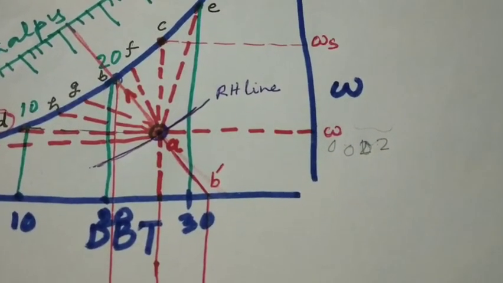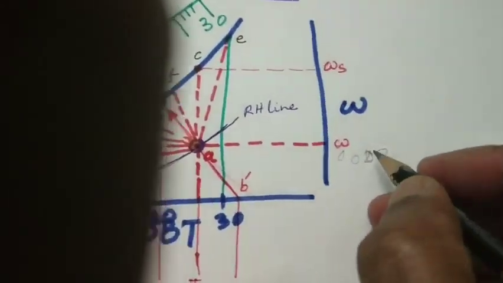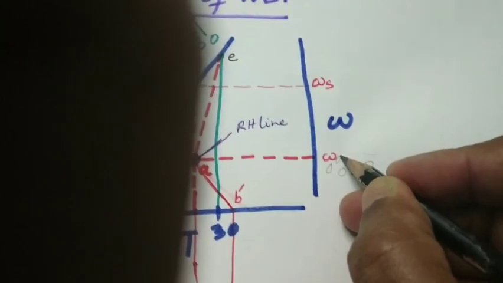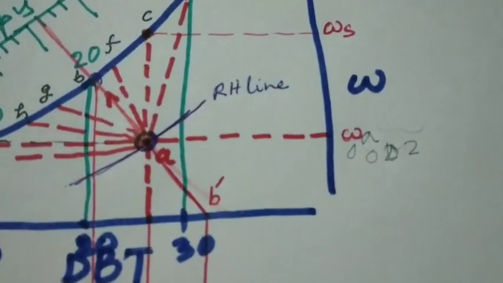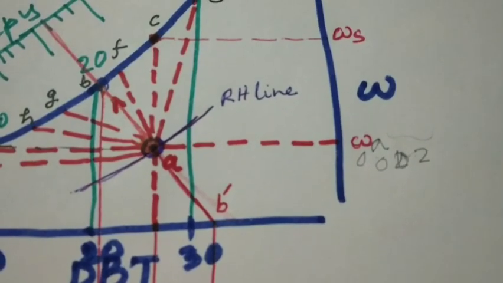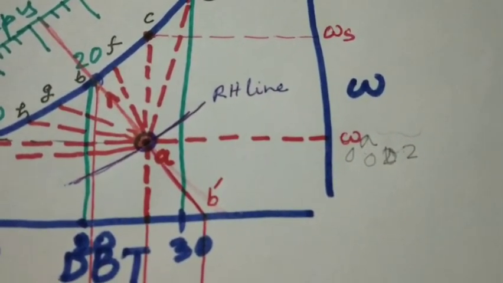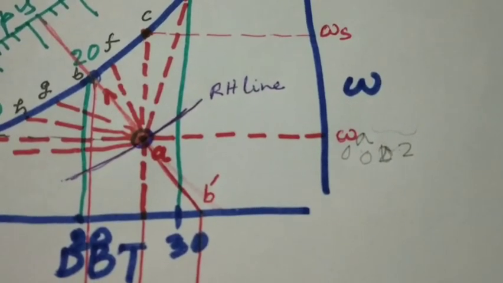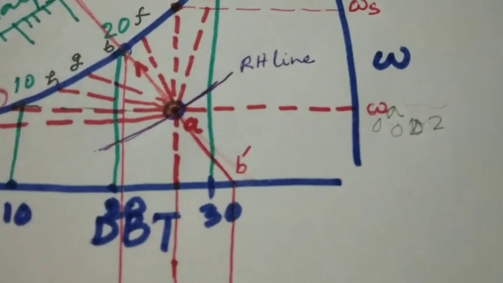Omega A, so this is omega A. What is omega A? Omega A is the specific humidity of air A. So if we have a value of 0.002 kilogram of water vapor per kilogram of dry air, we will now be able to locate the point A.